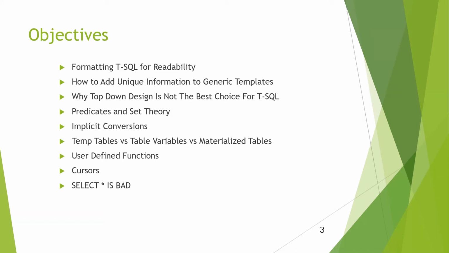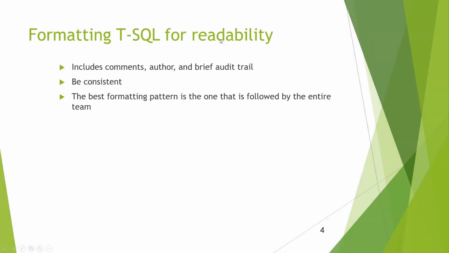We're going to do the 3 different types of user-defined functions, cursors, and then we're going to end up with why SELECT star can be bad, not for performance, but for some gotchas that can affect the rest of your team's SQL.